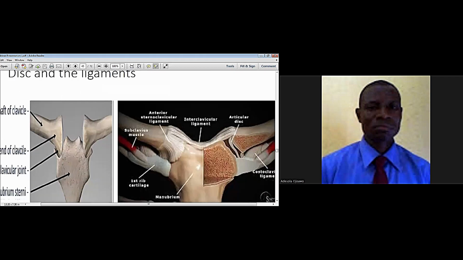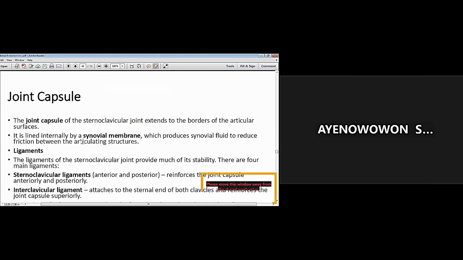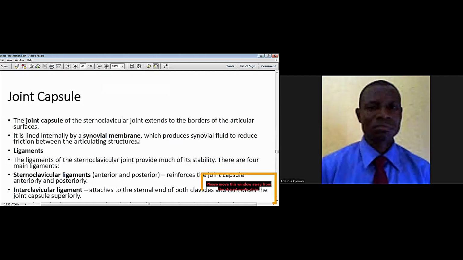The capsular ligament extends to the border of the articular surfaces. It is lined internally by synovial membrane, which produces synovial fluid to reduce friction between the articulating structures. Ligaments: the ligaments of the sternoclavicular joint provide more stability.